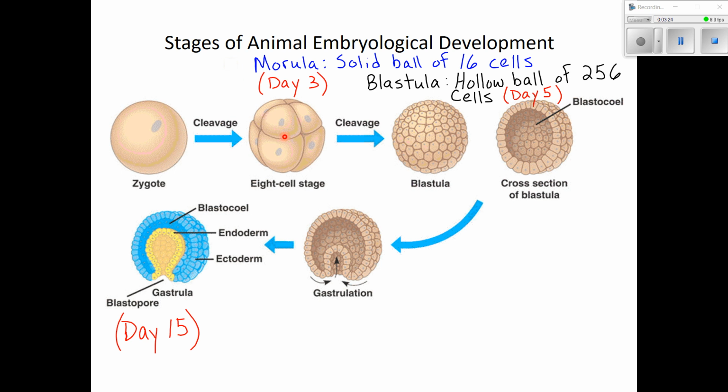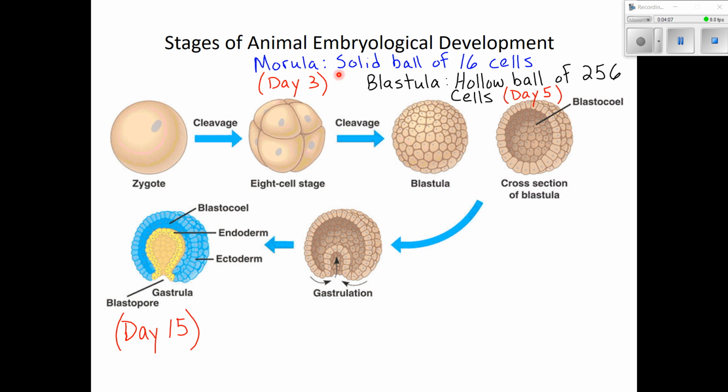And at this stage, every cell in this ball would be considered an embryonic stem cell. It's what we call a totipotent or pluripotent stem cell, meaning everything is a possibility. This cell can give rise to all the different tissue types in the body. In fact, if we were to just take one cell out of this ball of cells and pluck it out and separate it from the rest, that single cell would have the ability to develop into an entire animal, an entire organism.